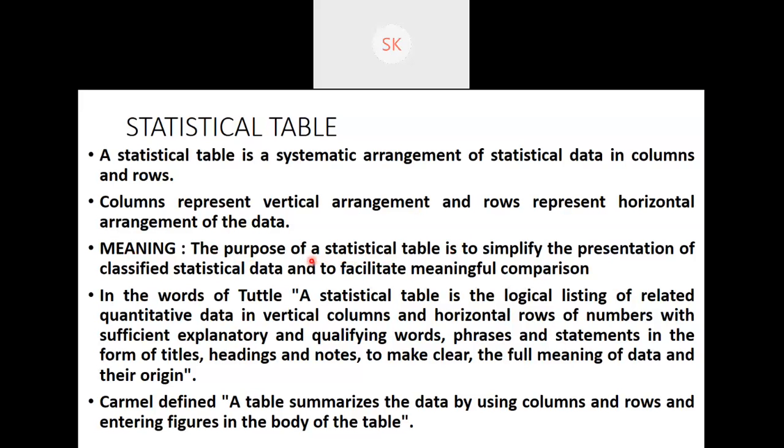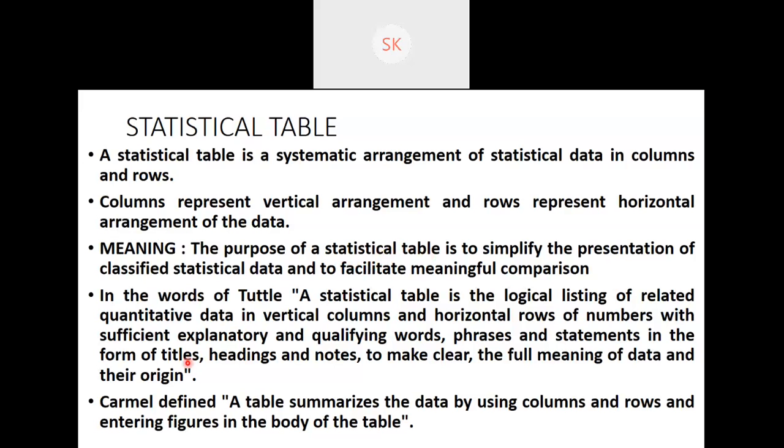In that scenario, we saw the raw data or individual observations given to us. When you put them into a table using tally bars or by directly counting them, that is called a statistical table.